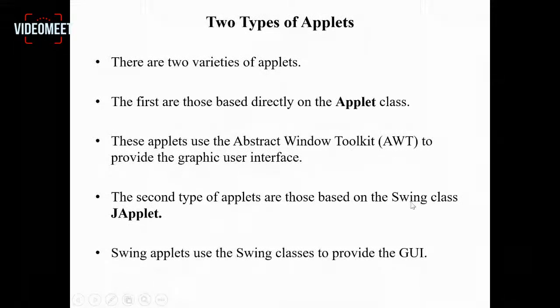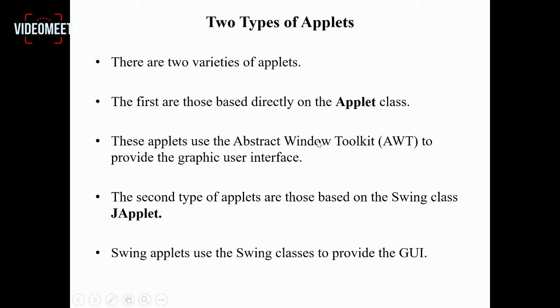In Swing, you'll also find all the classes that you find in AWT, modified to begin with J. For example, for the Applet class that we are using now along with AWT, Swing provides you with JApplet.